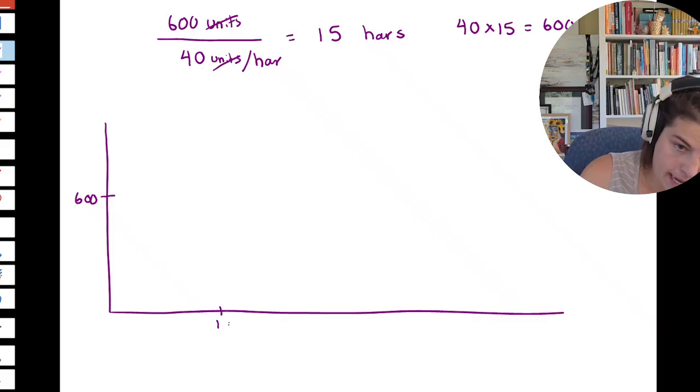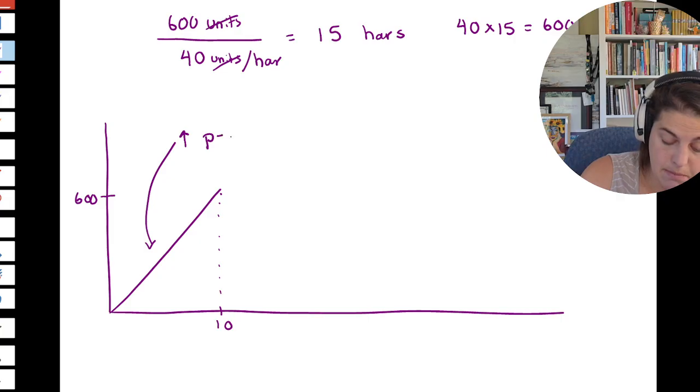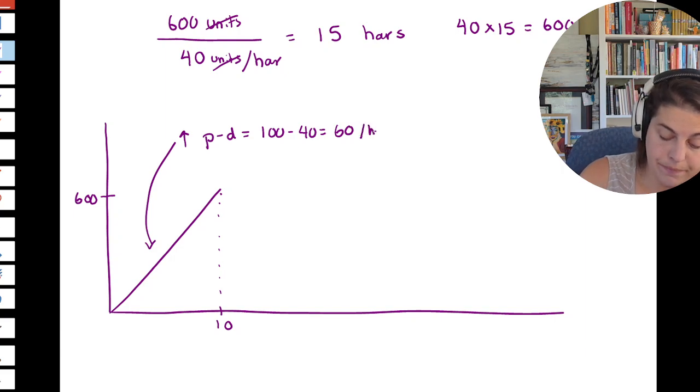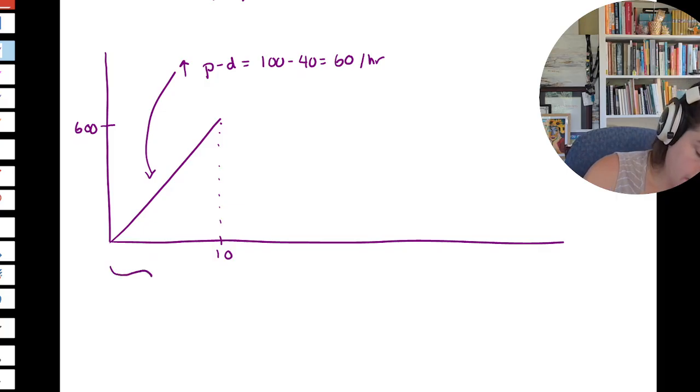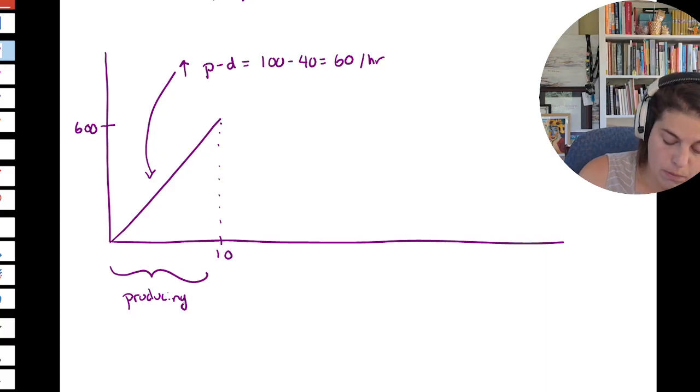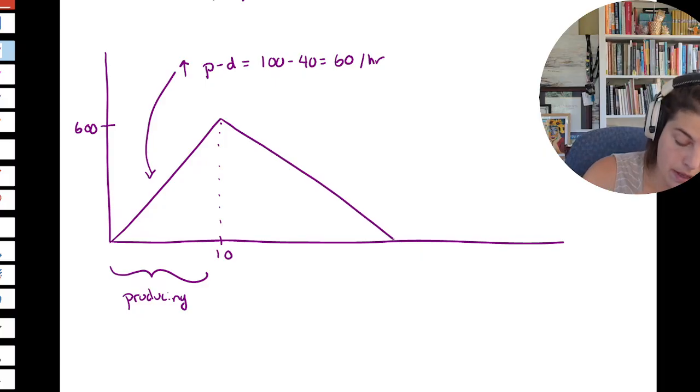we know that after 10 hours, because we are increasing at that rate of P minus D, production minus demand, 100 minus 40, which means 60 per hour. We then stop producing. So this is while we're producing. And we're going to stop producing for 15 hours because we're going to use this up at a rate of 40 per hour, right?